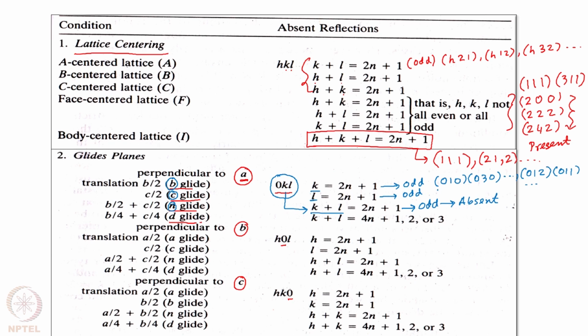Similarly, 001, 003, 021, 023, etc. will be absent in the case of a C glide perpendicular to A. And for an N glide, when the sum K plus L is odd, the reflection will be absent.